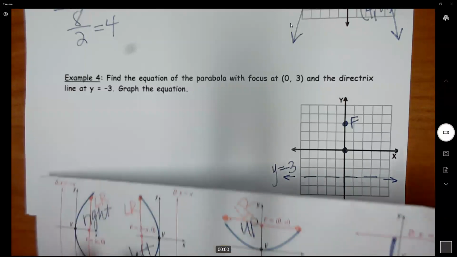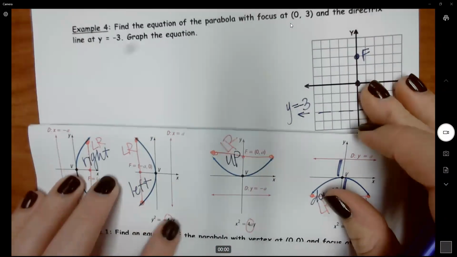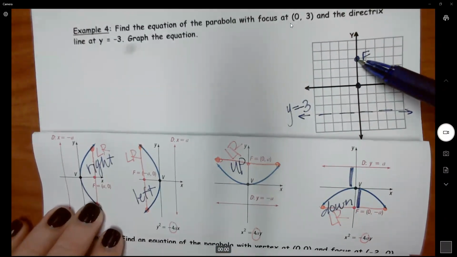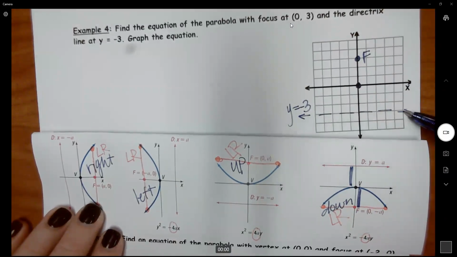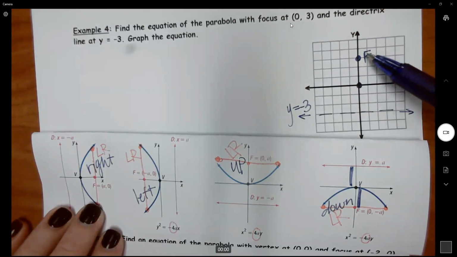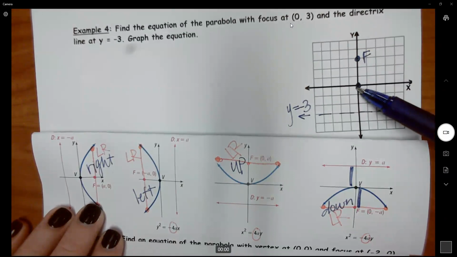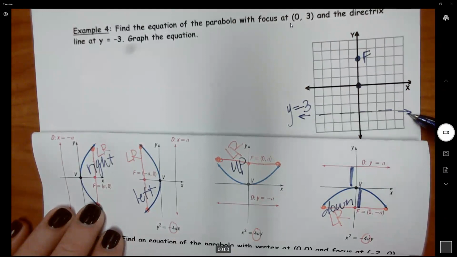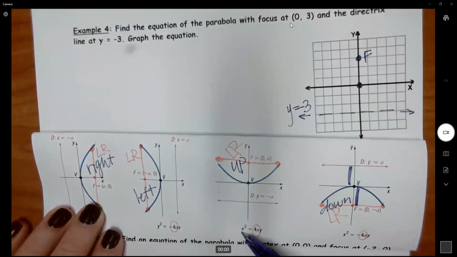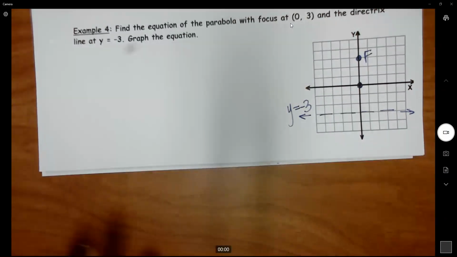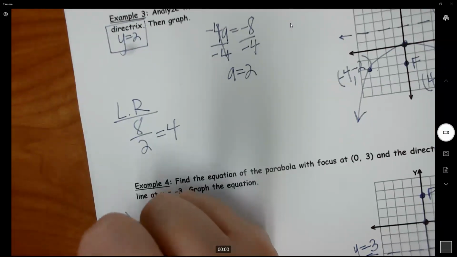When I look at these 4 examples, which one has a focus on top, the vertex below it, and then the directrix below even that? Focus on top, vertex below it, directrix at the very bottom. That's this one right here. This one's opening up, so I'm using the equation x squared equals 4ay.